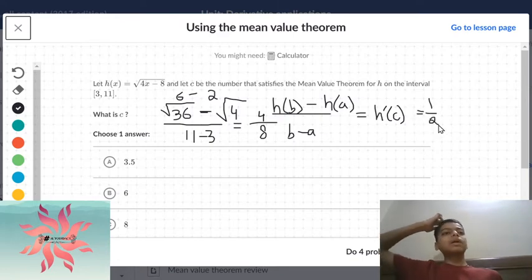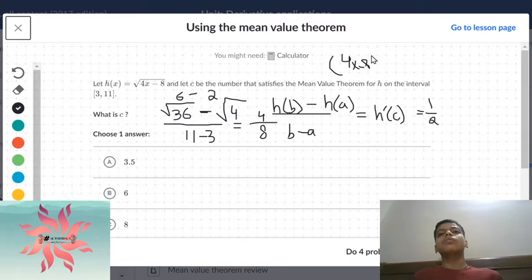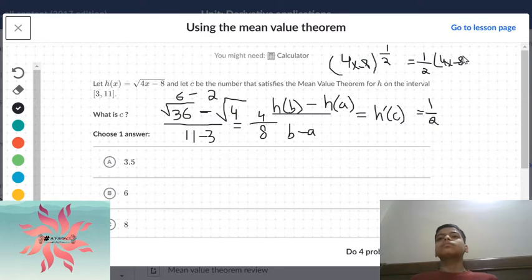And what is h prime of c? h prime of c is the derivative of 4x minus 8 to the power of 1/2. Using the power rule, the derivative is 1/2 times 4x minus 8, this thing, times the derivative of the inside function 4x minus 8 with respect to x.